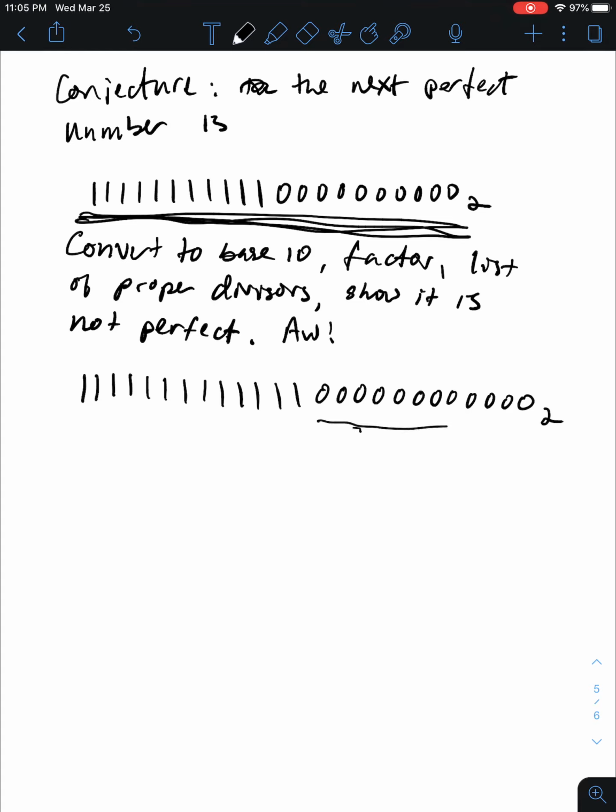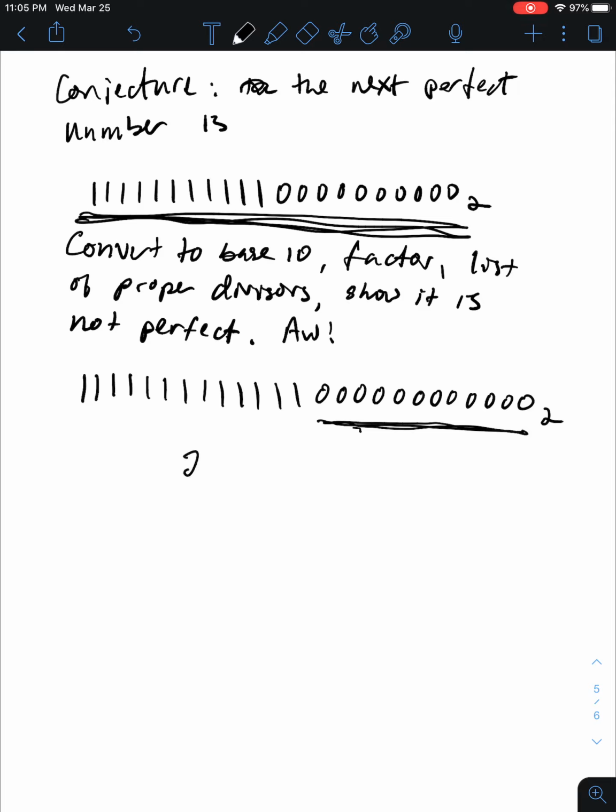All these zeros at the end actually indicate that there's a whole bunch of powers of 2 in the factorization. So remember, when we add a 0 at the end of a number in base 10, it means multiply it by 10. But when we add a 0 at the end of a number in base 2, it means multiply it by 2.